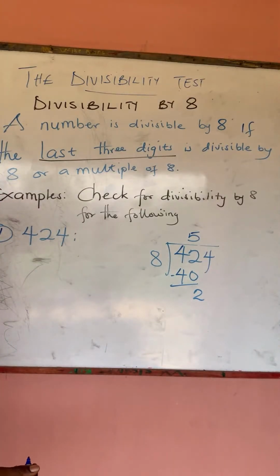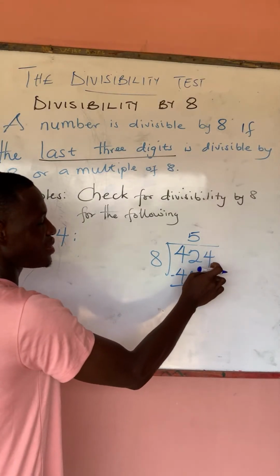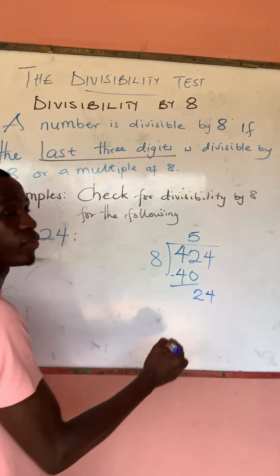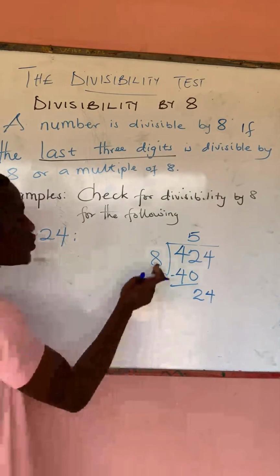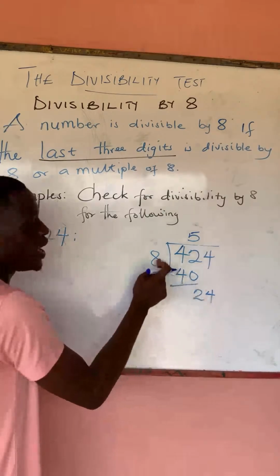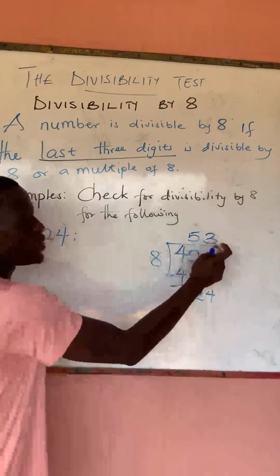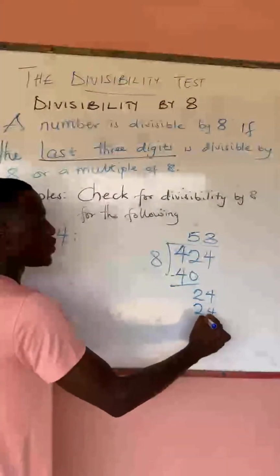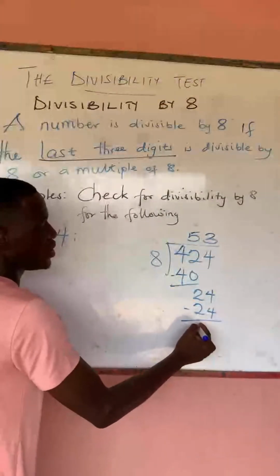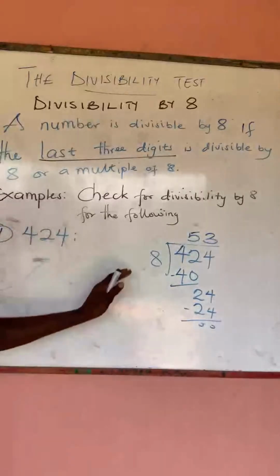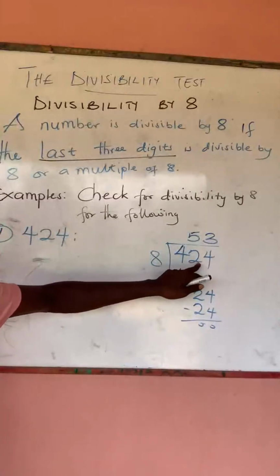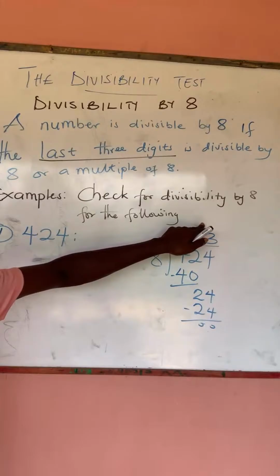Okay? Then we will bring down our next digit, which is 4. Now how many times will 8 divide 24? 8 will divide 24 3 times. 8 times 3 is equal to 24. Then you subtract. So you get 0, 8 has been able to divide 424 53 times.